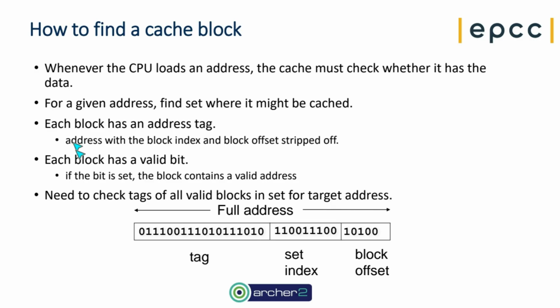So if the CPU loads this address, it knows automatically just by looking at these bits which set it might be in, and then it has to go and check all the blocks in that set to see if there's a match for the address tag.